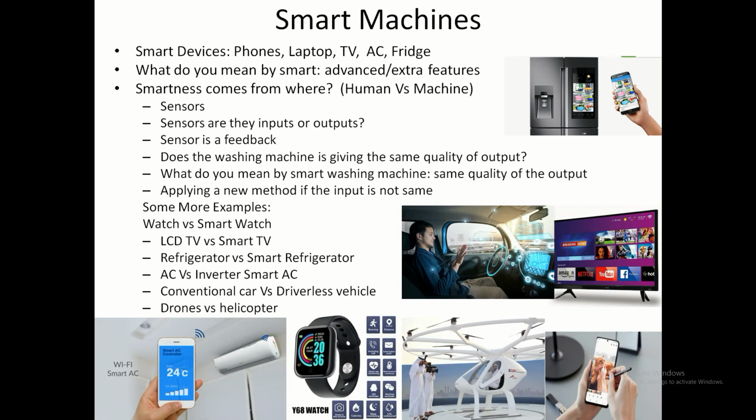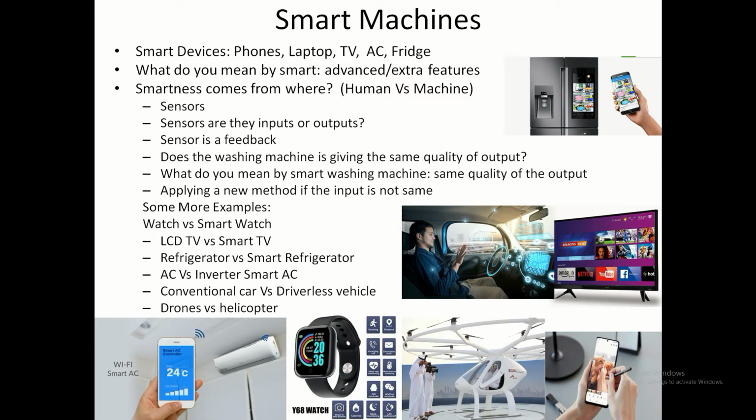But today, when you look at these devices, right, air conditioners, refrigerators, a non-smart AC is cheaper. A smart AC is costing at least 5 to 10,000 rupees extra. So we are paying for something else.